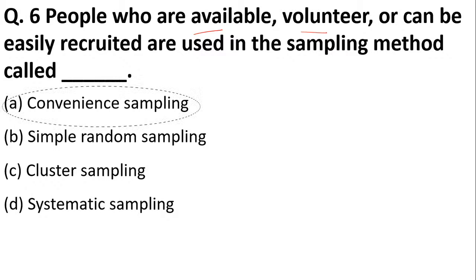The correct answer here is convenience sampling. For instance, a person has to do research on school students, so he chooses the schools that are near to where he is living. Convenience sampling: whichever school is nearby, you select its students and perform research. That is convenience sampling.